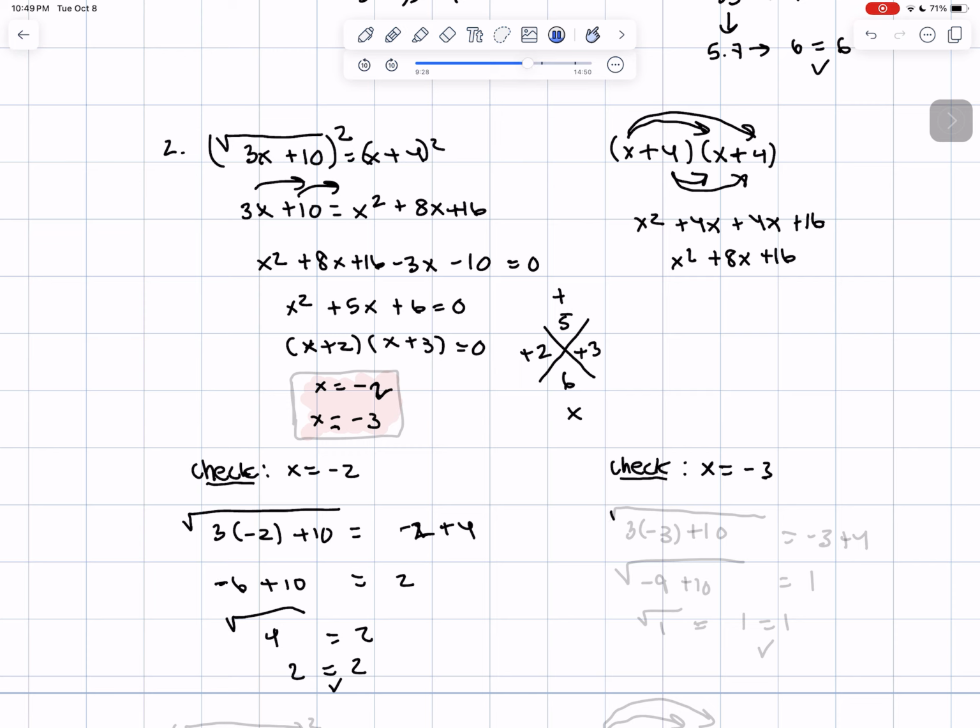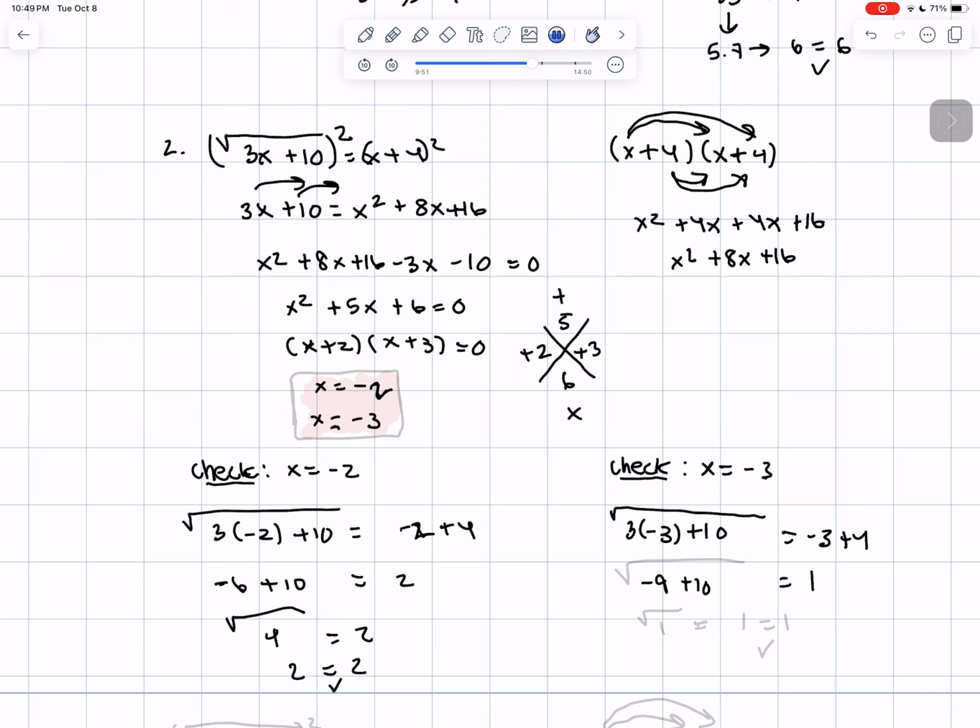Okay, so then let's try minus 3. So let's do x equals minus 3. Minus 3 plus 4 gives me 1. And then we have negative 9 plus 10.